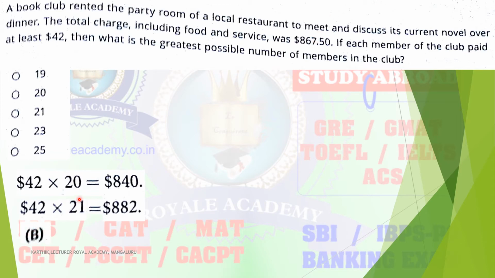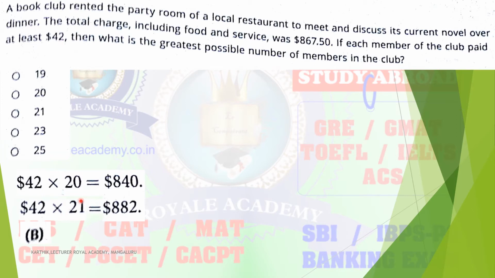So which option is correct? Option B is correct. I hope all of you understood. In that question, the sentence that each member has to pay 42 rupees is very important. No one should pay less than 42 rupees.